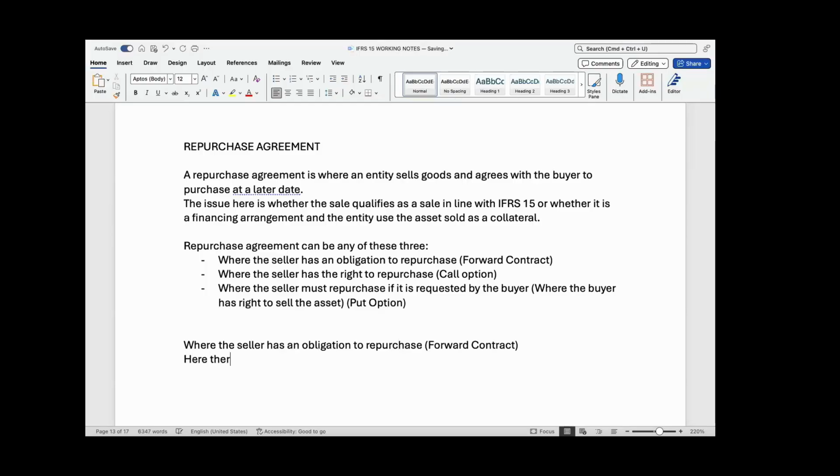So there is a substantive agreement between the entity, that is the seller, and the buyer, that the seller must repurchase the assets within a defined period.